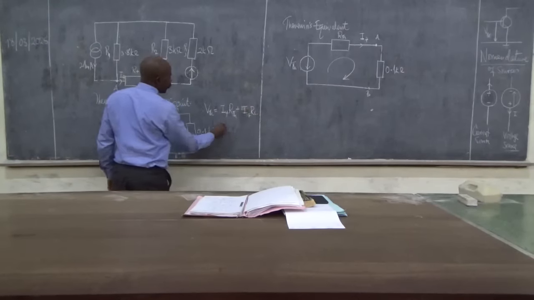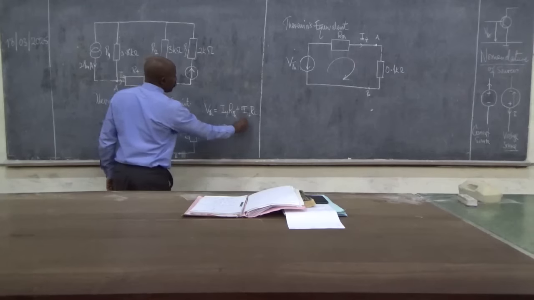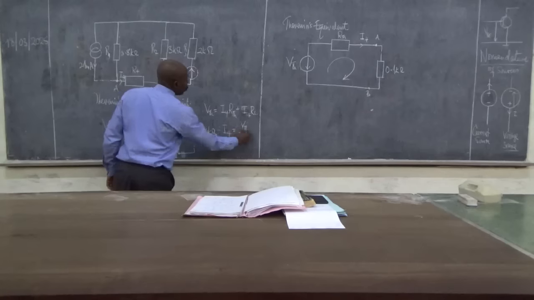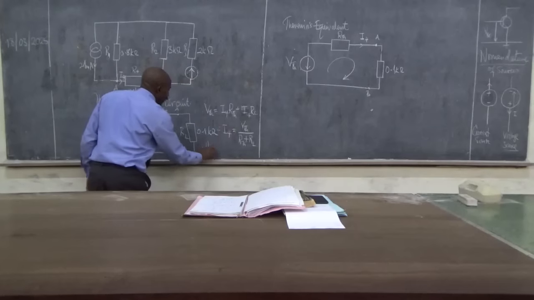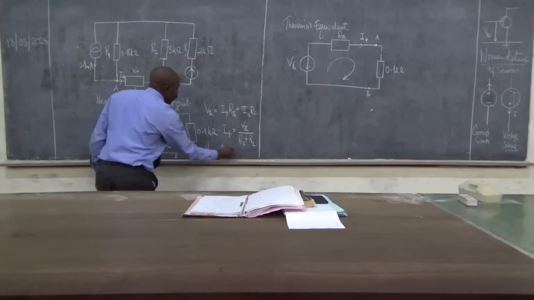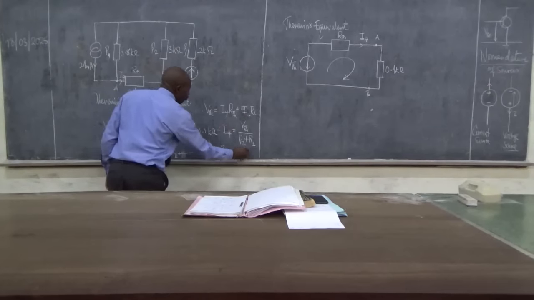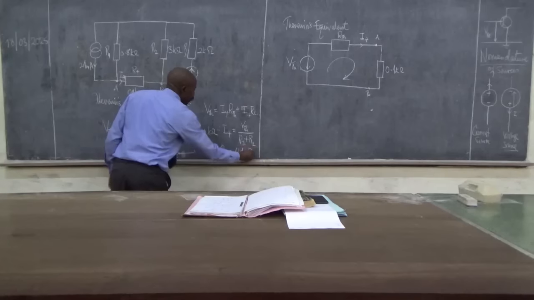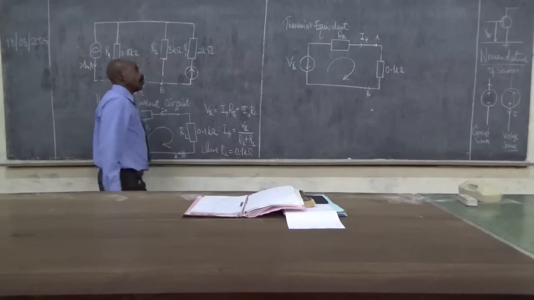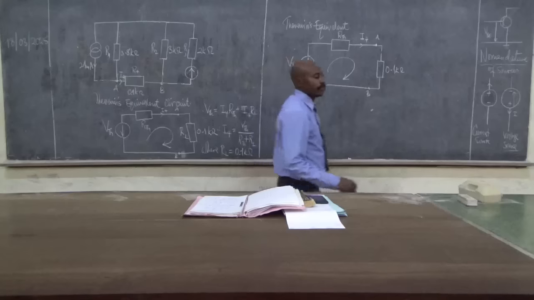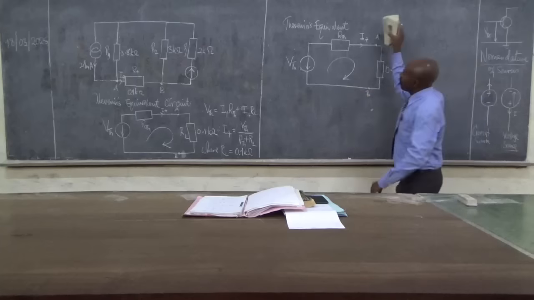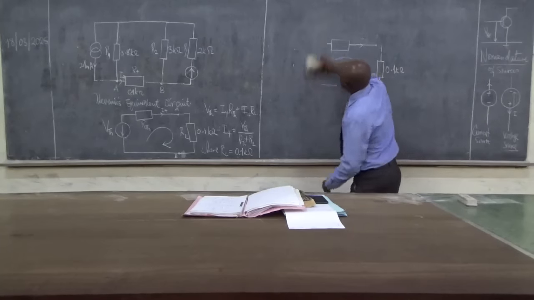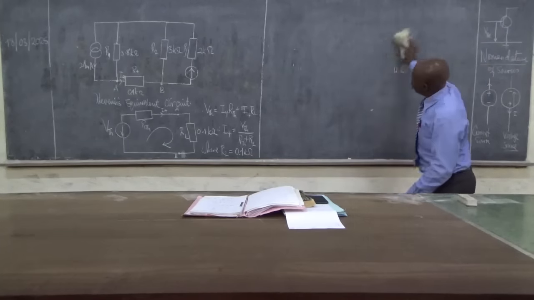So therefore, I4 will be VTH over RTH plus RL, where RL is equal to 0.1 kilo ohms. Once you got that in mind, the rest is a piece of cake.